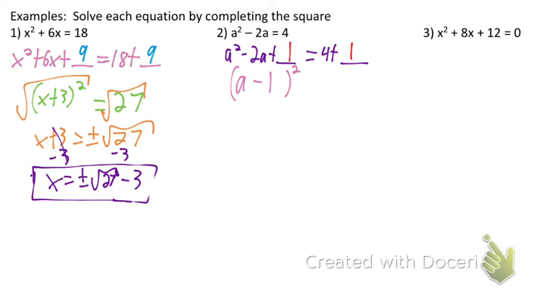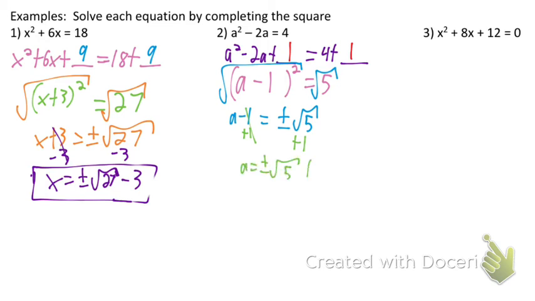And that's going to equal 5. So we square root both sides, and we don't know the square root of 5, so a minus 1 is equal to positive negative square root of 5. From there, we add 1. A is equal to positive negative square root of 5 plus 1.